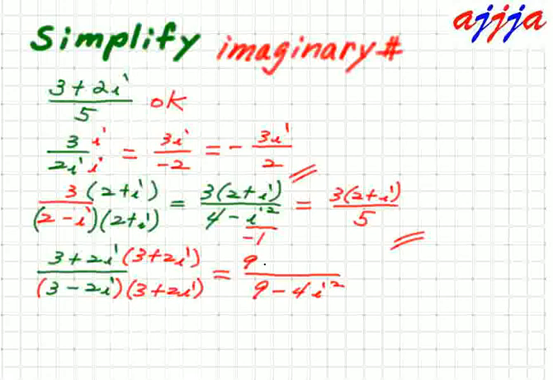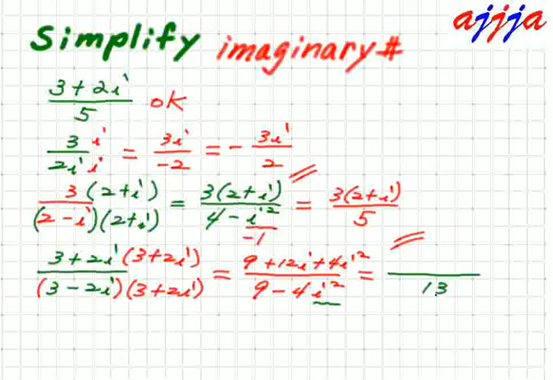What about the top? 3 times 3 is 9. Now inside and outside, the FOIL technique. 2i times 3 is 6i. 6i total 12i. Now the last one, plus 2i times 2i is 4i squared. Now we replace this one with negative 1. That's why negative 1 times negative 4 is a positive 4.